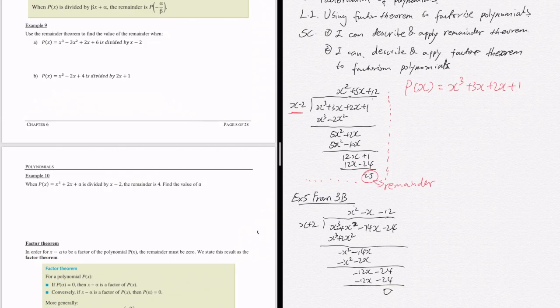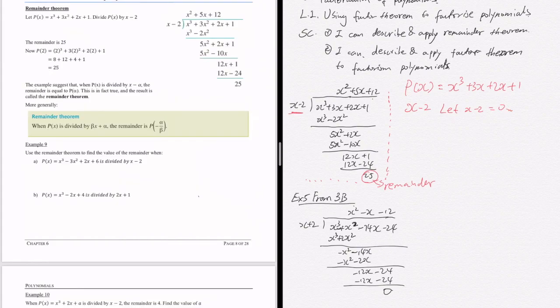My divisor is x minus 2, so I let x minus 2 equal to 0, and if I solve for x, x will be equal to 2. Now I'm going to substitute x equal to 2 back into my p of x, which is my dividend.